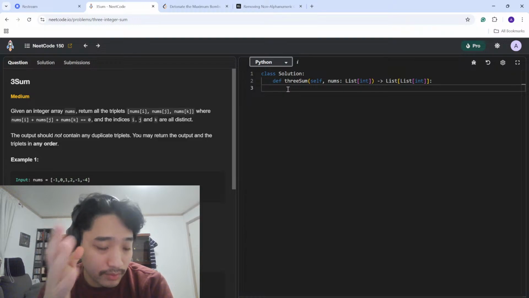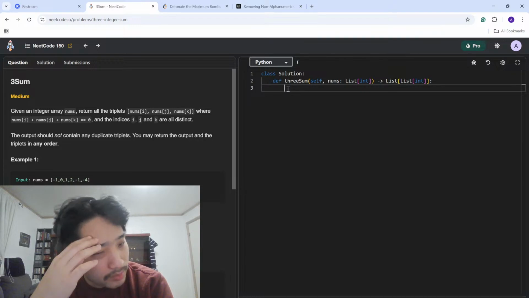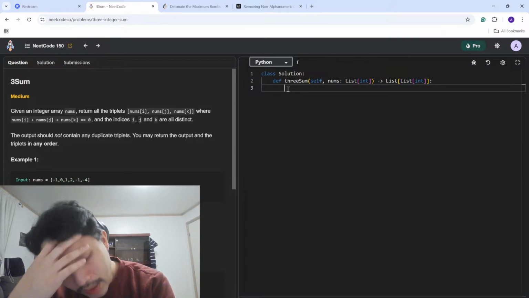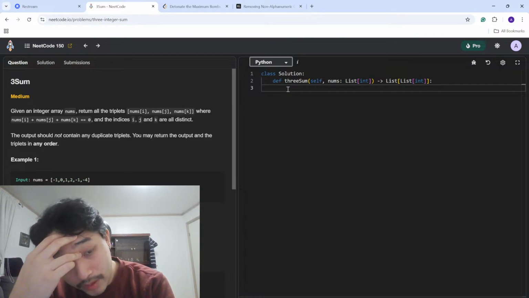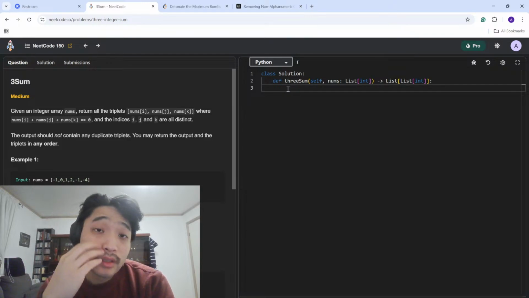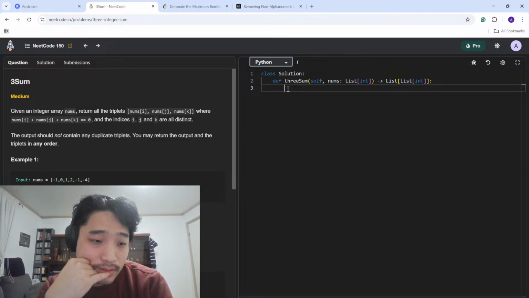The brute force way would be, no, that might actually not be it. It's a brute force way, but it's actually a really bad way. And I'm thinking, would sorting help me at all?